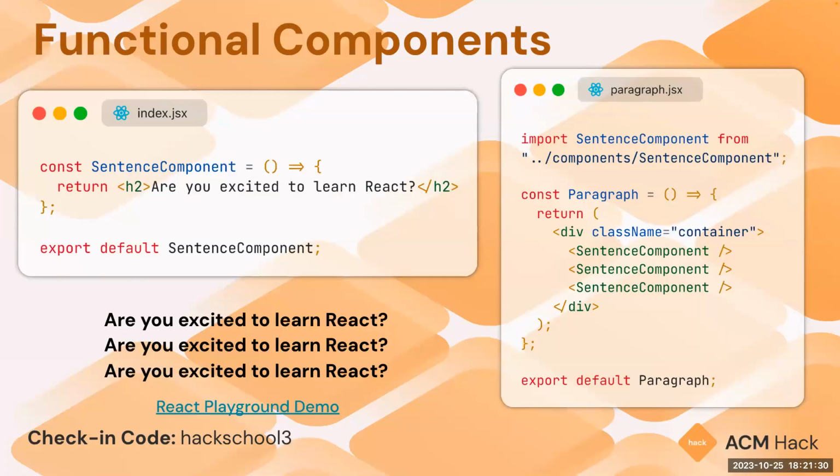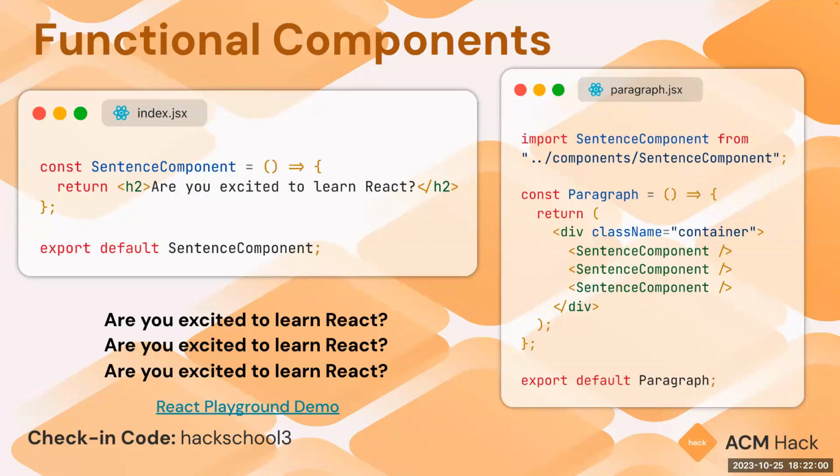Now I'm going to go over one example of a simple functional component with a sentence. We have this one sentence component, and it's returning an h1 or header tag that says, are you excited to learn React? And remember, you have to export every component that you use, so we can import it in a parent component. So it's going to be a child component since we'll be using it in a paragraph component.